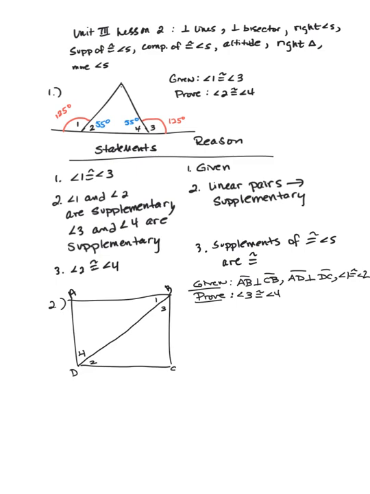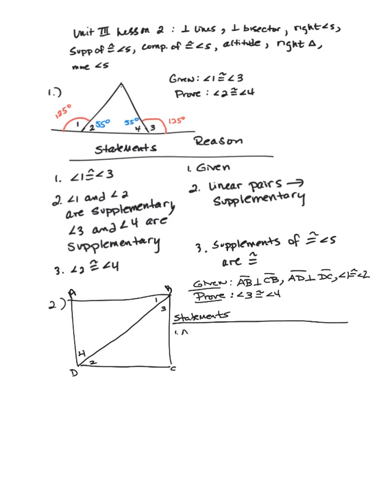Okay, so pause the video and copy down the picture, the given, and the proof for number 2, and then come back and watch the video. Here we go. So we're given that AB is perpendicular to CB. So underneath the statements, now it's up to you. You can put all the givens right away, or you can do them one by one and check them off.